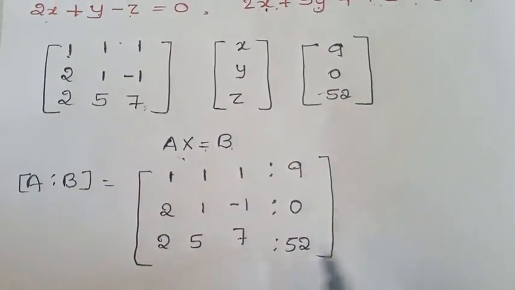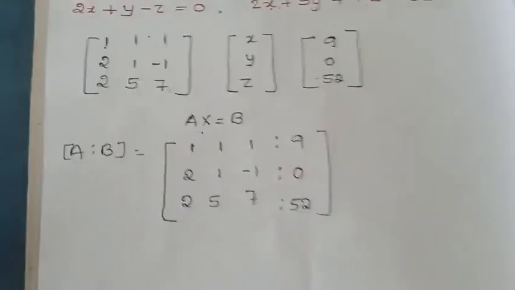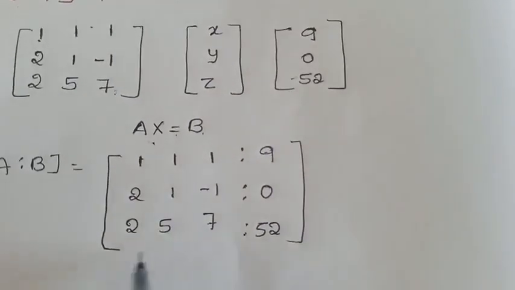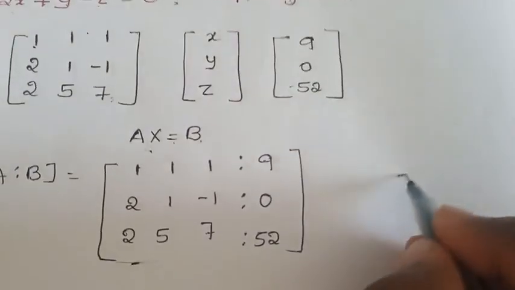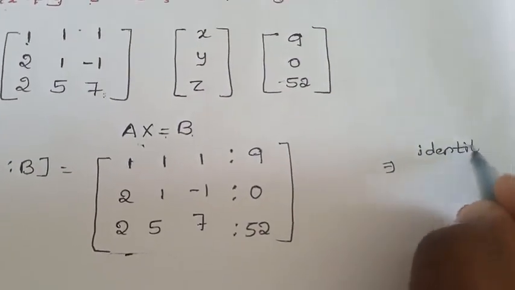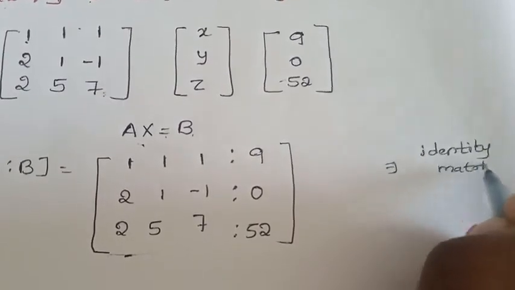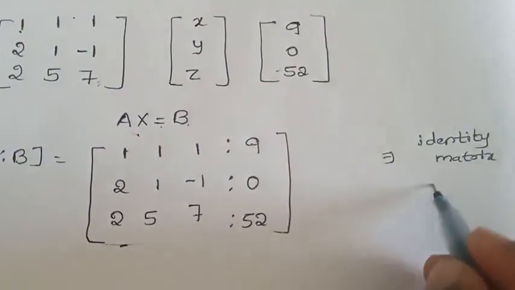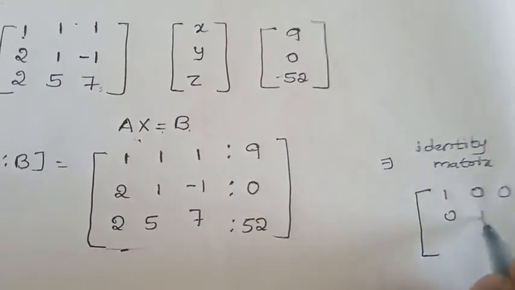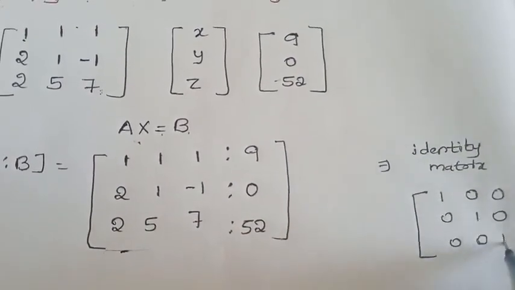Okay, this is done. So in the Gauss-Jordan method, our main goal is to make this matrix an identity matrix. We all know the identity matrix, we have to make this matrix in this format: 1 0 0, 0 1 0, 0 0 1.